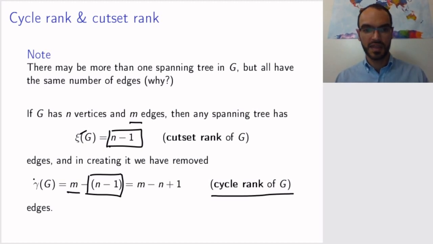This number is called gamma of G, or the cycle rank of G. Again, so far we haven't talked about what cycle rank means. For now, this is just a name. And these are two invariants that you can define for any graph, the cut-set rank and the cycle rank.